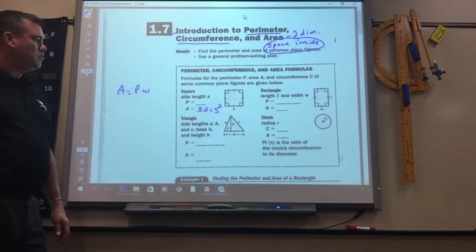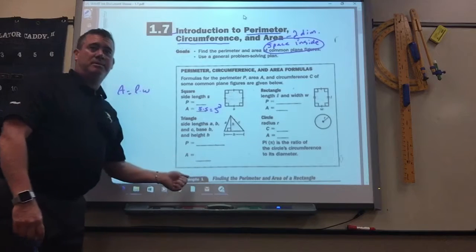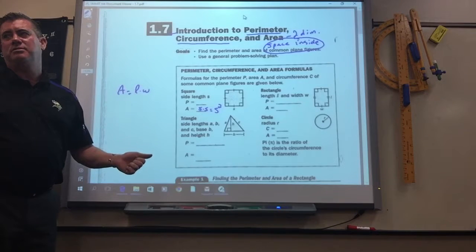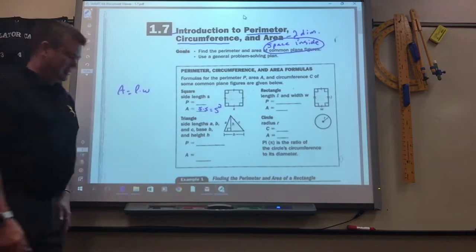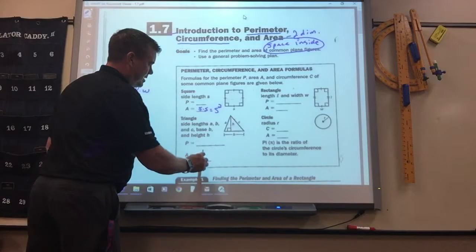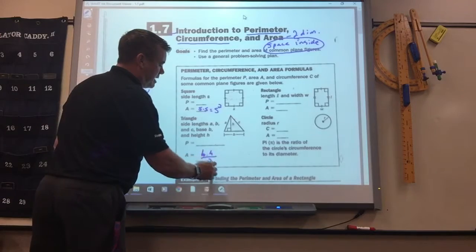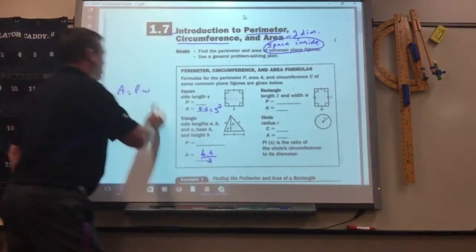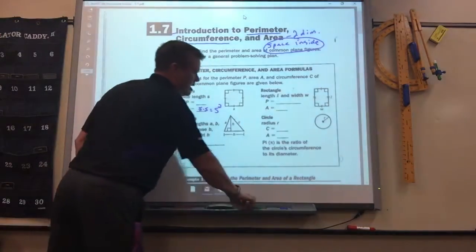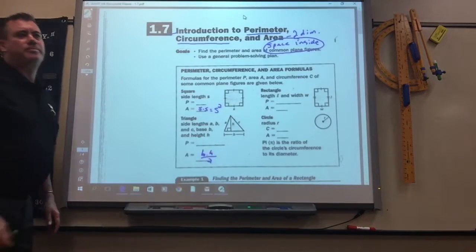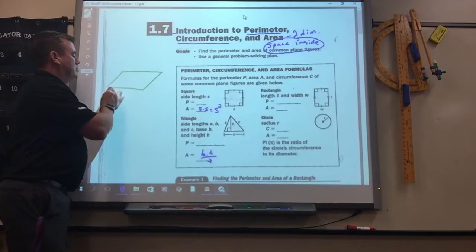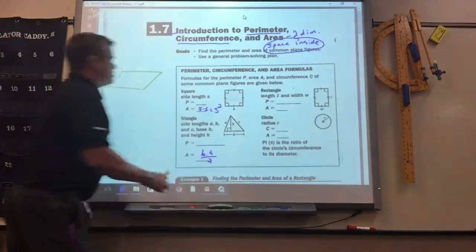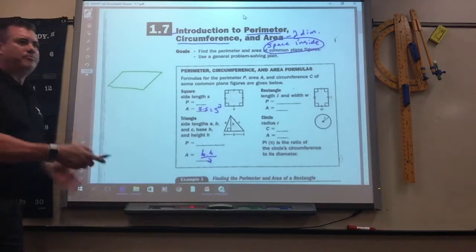Okay? A triangle. Remember how to find the area of a triangle? Base times height divided by 2. The reason why is a parallelogram is just a rectangle that's been tipped.